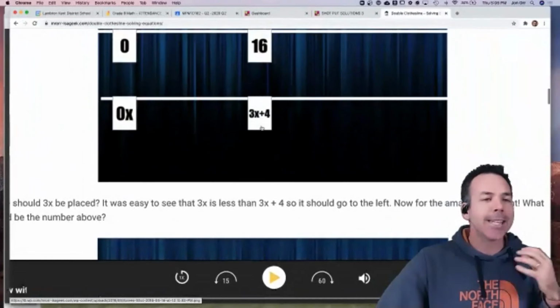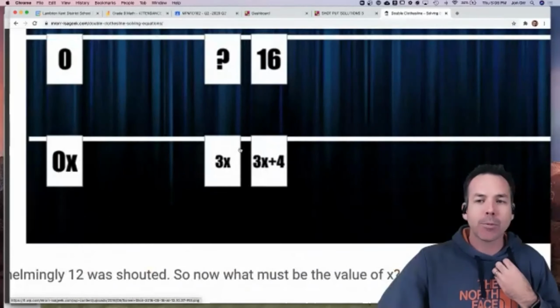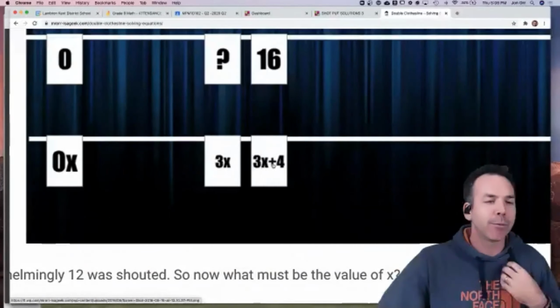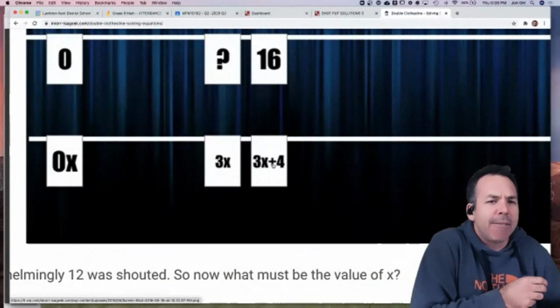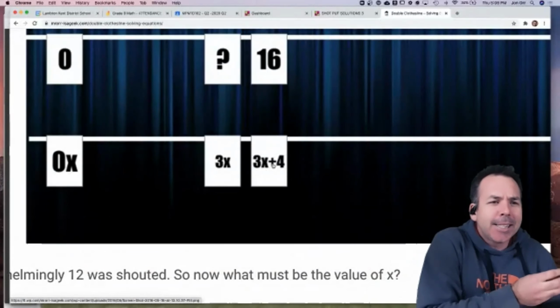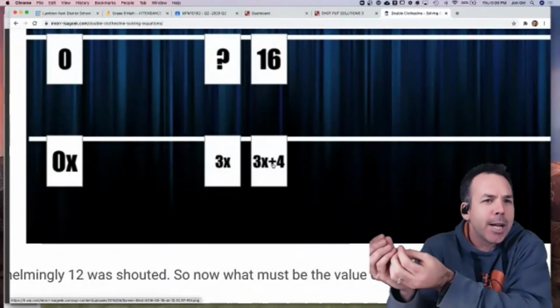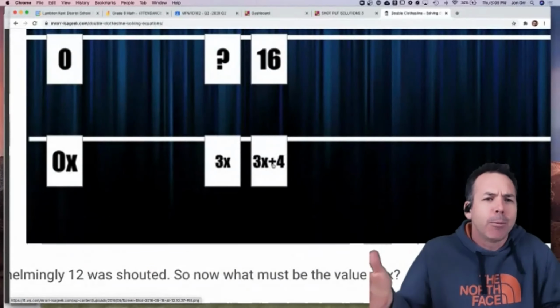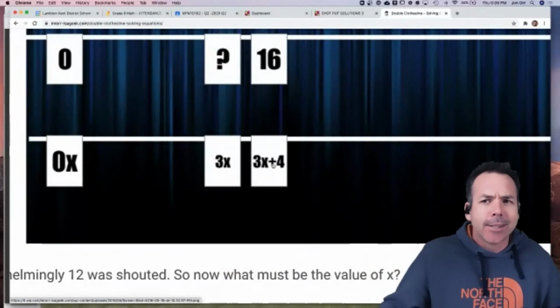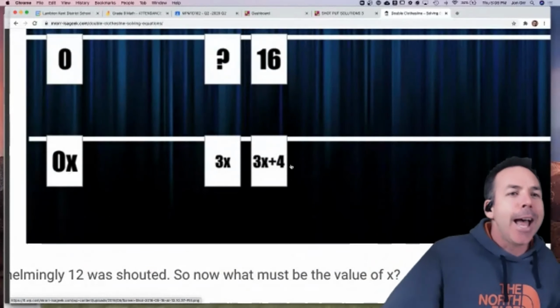Then when you put this next card up, if I put 3x beside 3x plus 4, does it go to the right or to the left of that card of 3x plus 4? Is it less than 3x plus 4, or is 3x more than 3x plus 4? And kids are like, well, it's less. And then you say, how much less? And they say, it's 4 less because this one's plus 4 and that one doesn't have the plus 4.